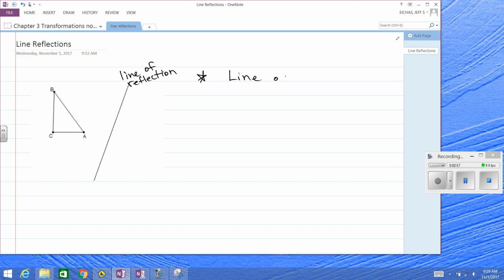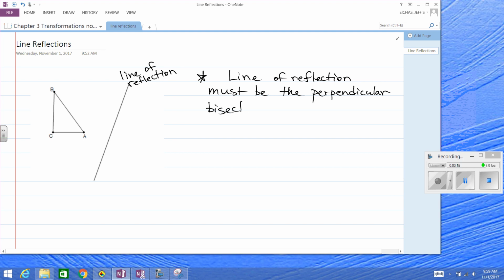The line of reflection must be the perpendicular bisector for any pre-image to image segment.